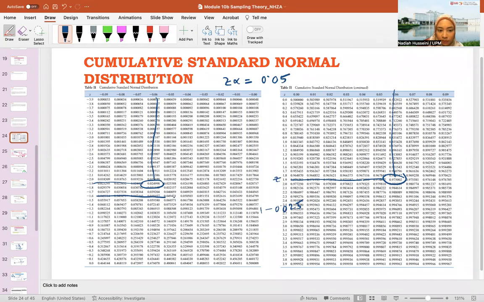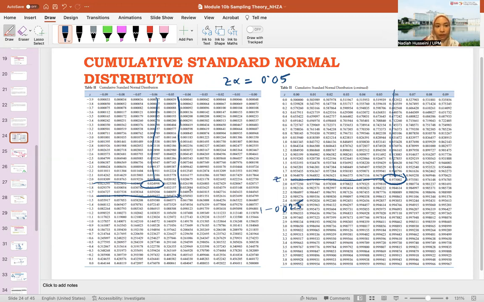It is between 1.64 and 1.65, so I would get around 1.645.